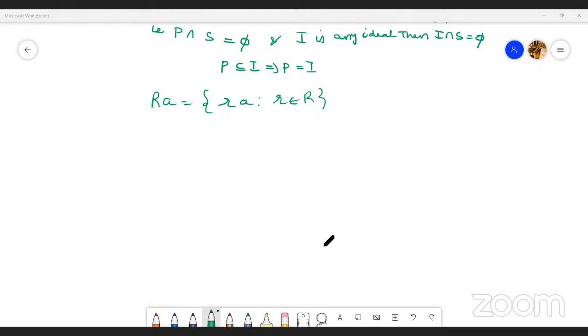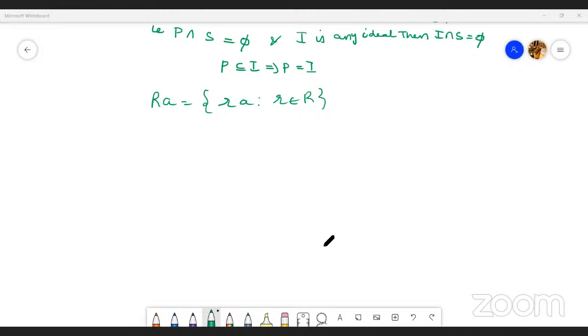In J, elements will be of the form P2 plus R2B, where P1 and P2 belong to P. So what is our assumption on S? S is a multiplicatively closed set. Therefore, you have definitely XY is in S.